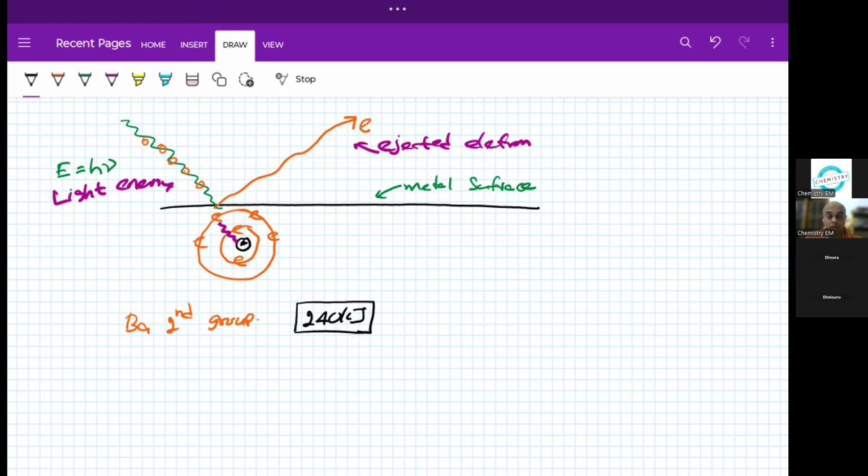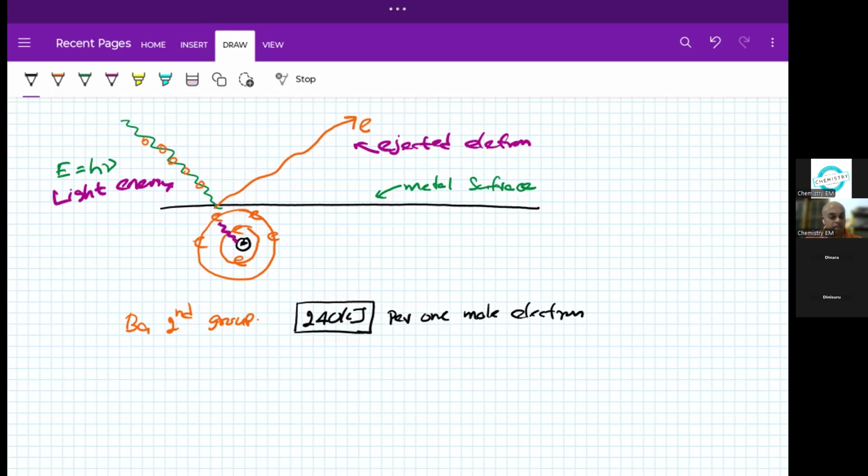That is 240 kilojoules, per 1 mole of electrons. Make a note: per 1 mole, not 1 electron. We are talking about ejecting 1 mole of electrons, an Avogadro number of electrons, and for that it needs 240 kilojoules of energy, not only for one electron.